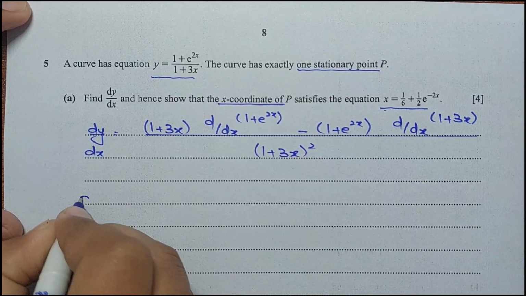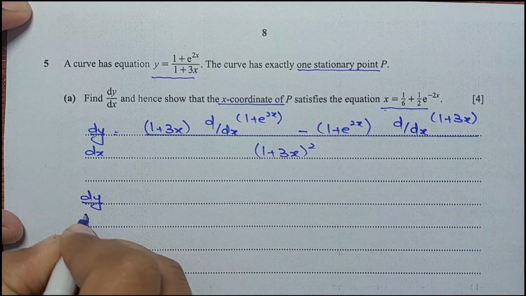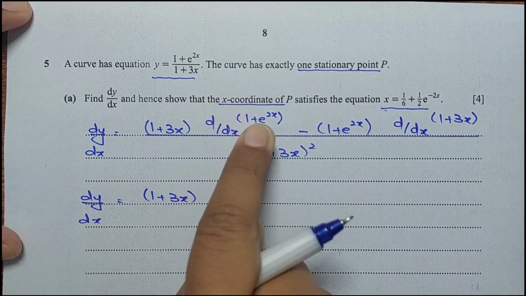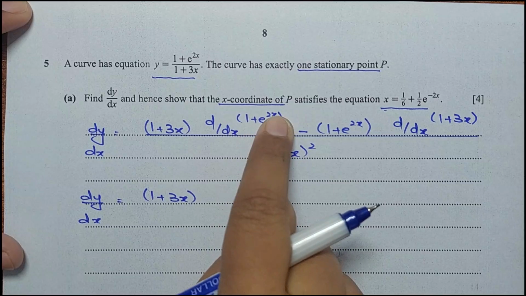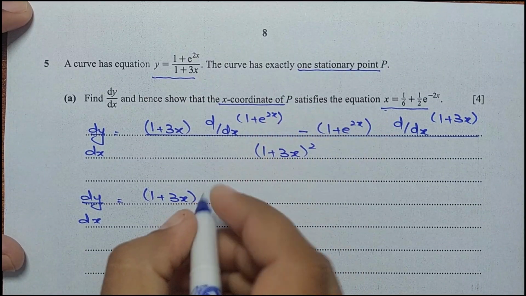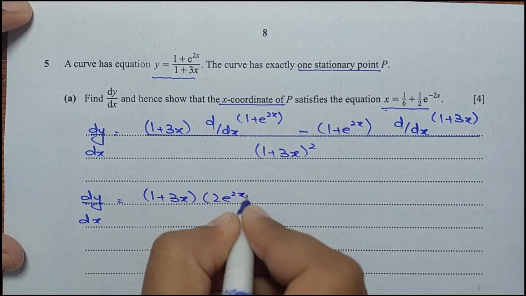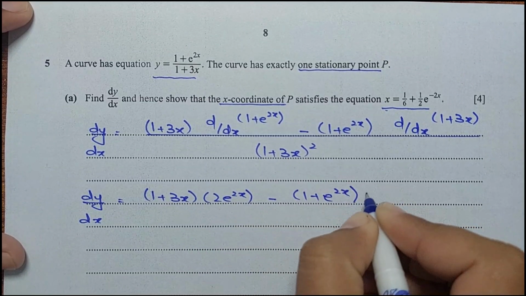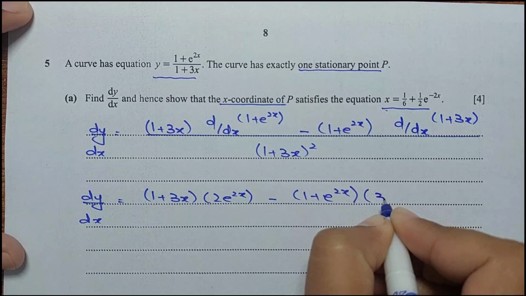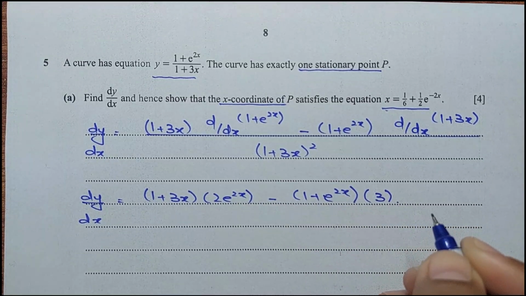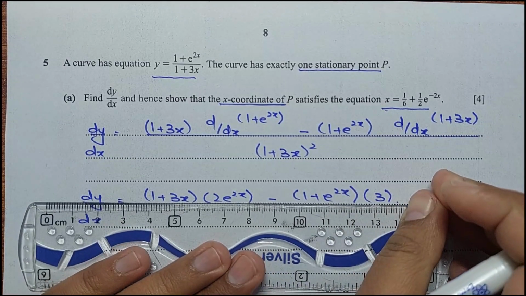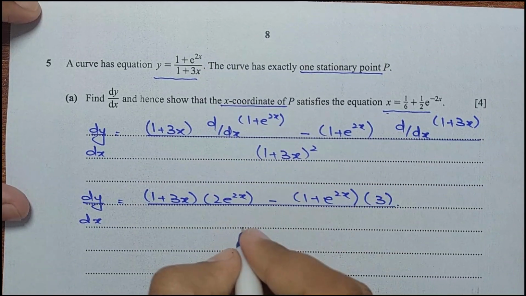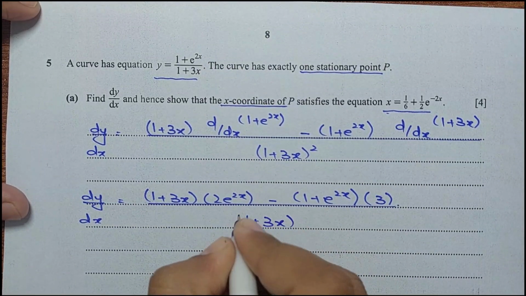Okay, so now dy over dx is: 1 plus 3x as it is. Derivative of 1 is 0. Derivative of e to the power 2x is 2 times e to the power 2x, minus 1 plus e to the power 2x as it is. Derivative of 1 is 0, derivative of 3x is just 3. This divided by 1 plus 3x whole square.